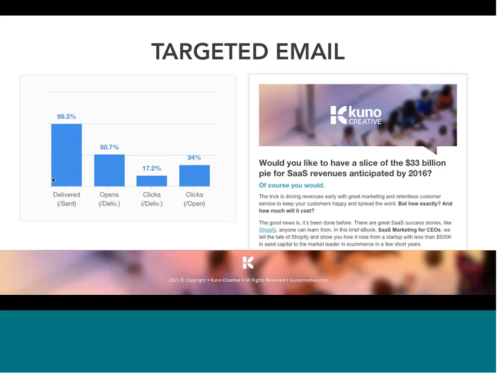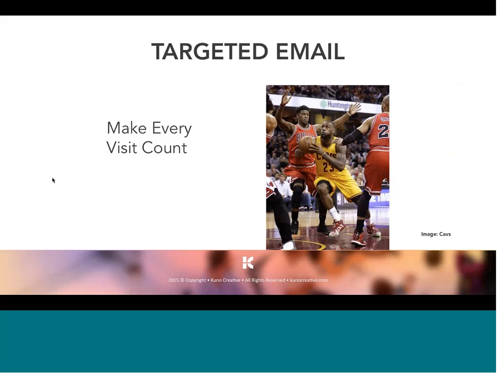The open rate is almost 51%, and the click rate is almost 20%, which is about 2 or 3 times higher than what we normally see when an email is untargeted. And on the right, you can just see this is just an informational email. It's not a promotion. It's just sort of a challenge of ideas. So we're getting this guy engaged, and we're asking him to download the ebook to get more solutions. Next, please.